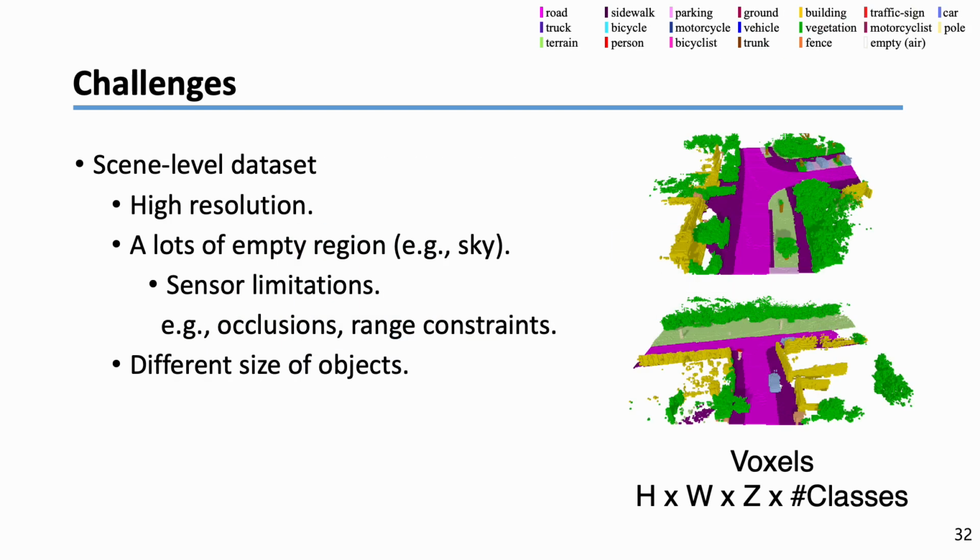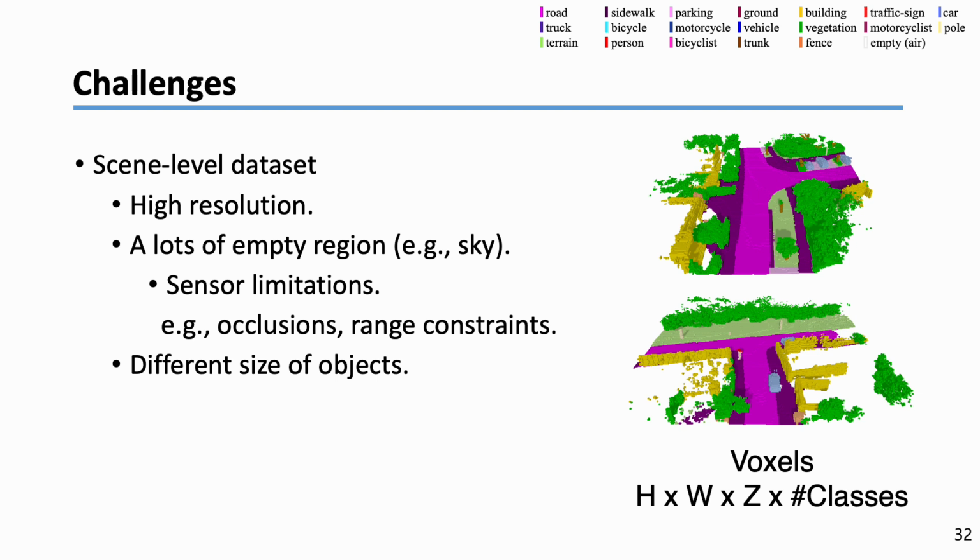In particular, we had trouble training on real datasets because real data has higher resolution and more empty space than synthetic data, as it is collected from real sensors which have inherent limitations such as a limited field of view or inability to capture occluded regions.